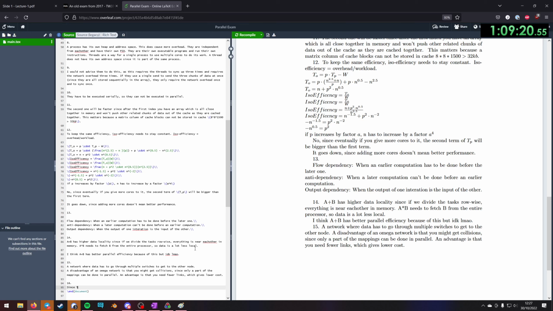So yeah, you use red-black ordering to divide the tasks such that the requirements for one computation are done before the next computation.